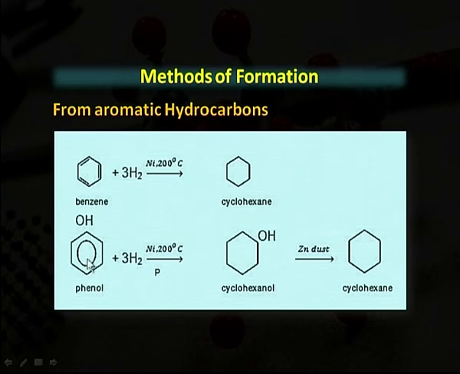When phenol reacts with hydrogen molecule in presence of nickel and 200 degree centigrade along with pressure, we get cyclohexanol. Here we have the alcoholic group, and in presence of zinc dust it is finally converted into cyclohexane, that is again a 6-membered compound.